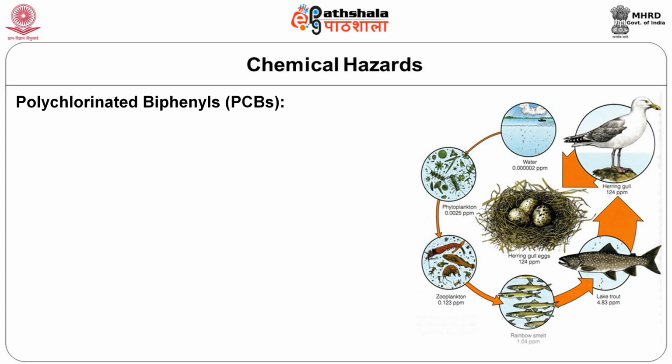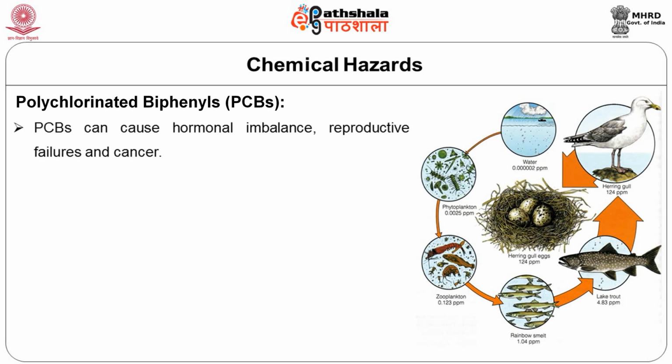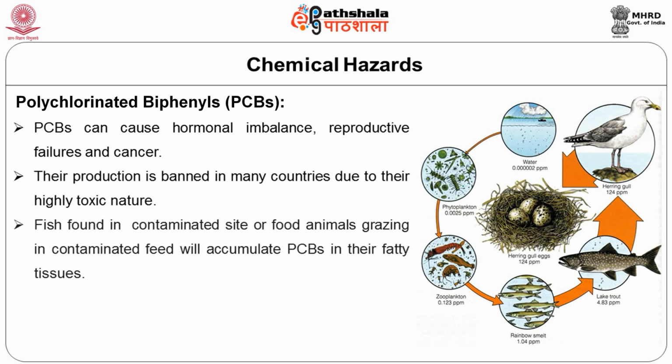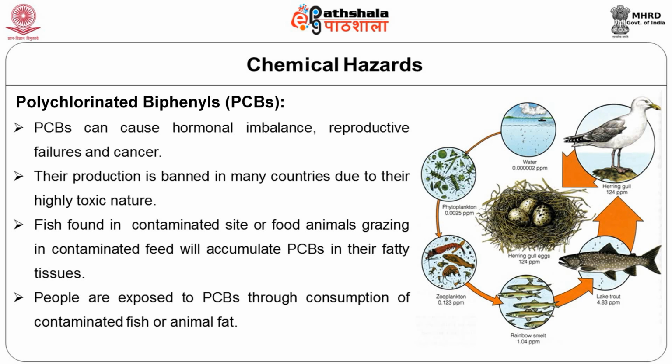Animal experiments have indicated that PCBs can cause hormonal imbalance, reproductive failures and cancer. Their production is banned in many countries due to their highly toxic nature. Fish found in contaminated sites or food animals grazing on contaminated feed will accumulate PCBs in their fatty tissues. People are exposed to PCBs through consumption of contaminated fish or animal fat.